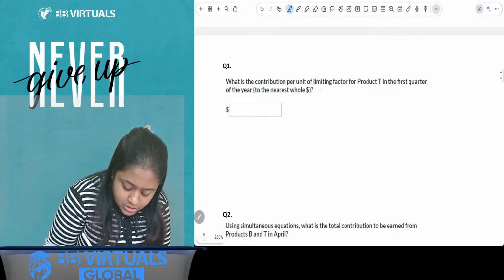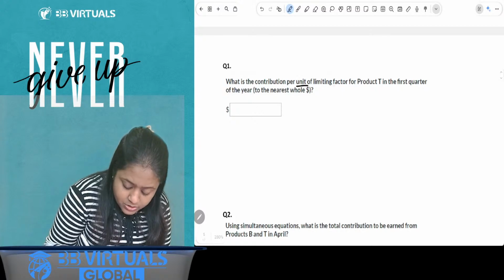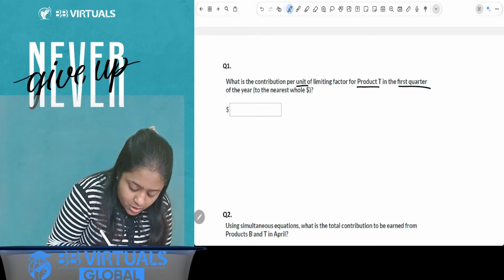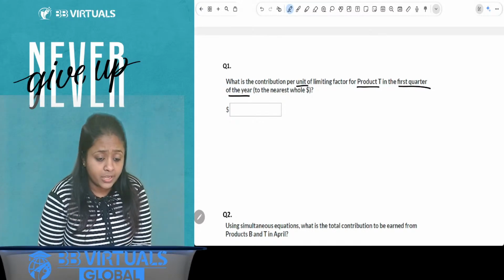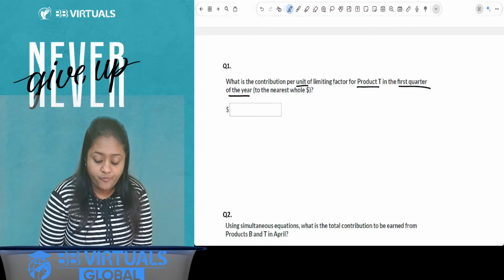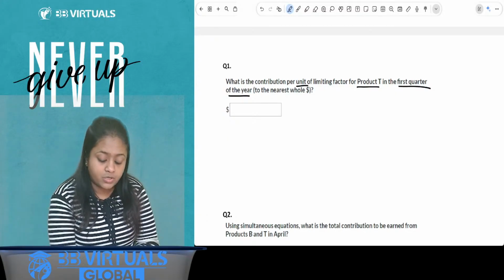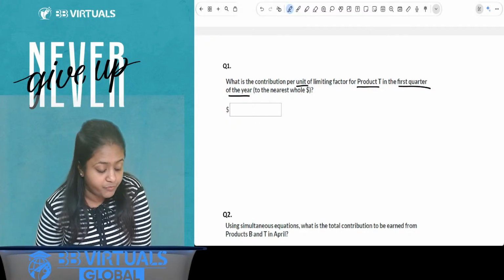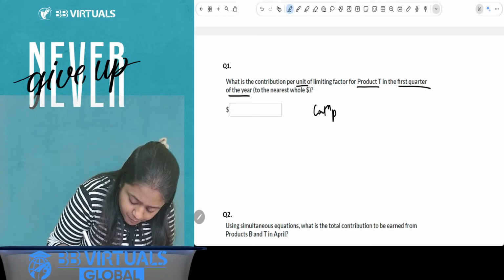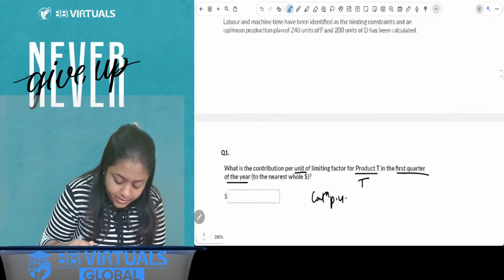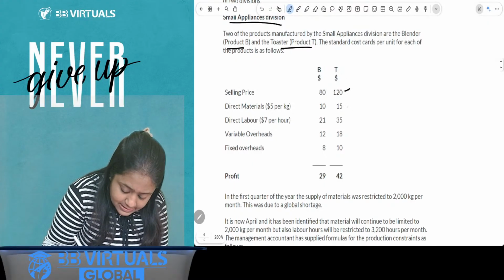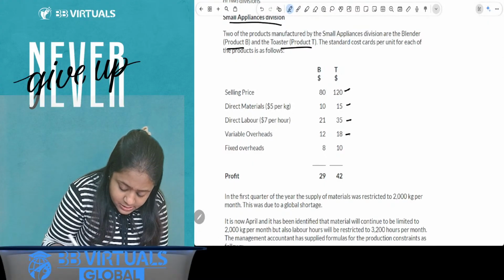What is the contribution per unit of the limiting factor for product T in the first quarter of the year? So we just have to do it for product T. Let's first get the contribution per unit for product T. That is selling price less direct material less direct labor less variable overheads.